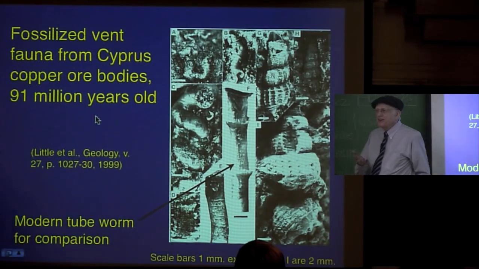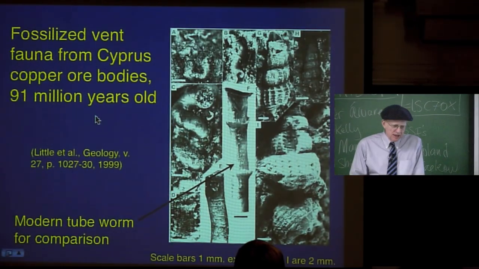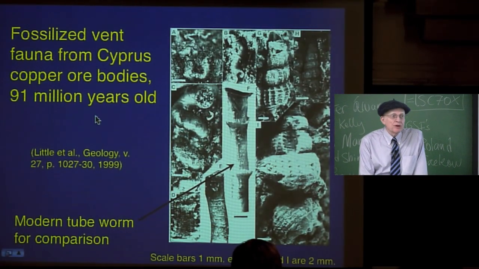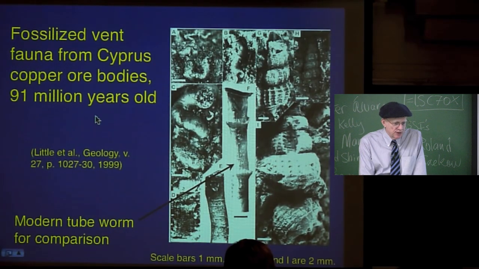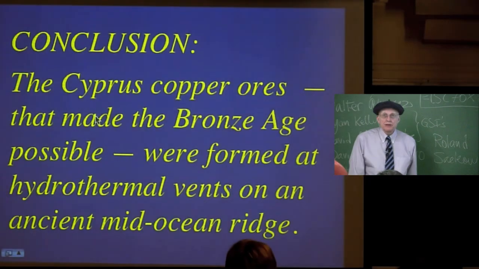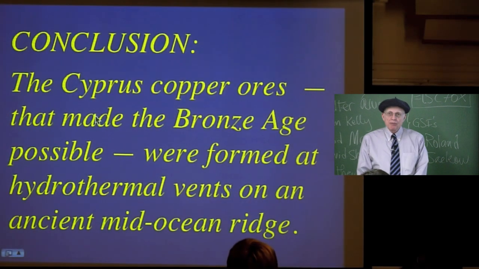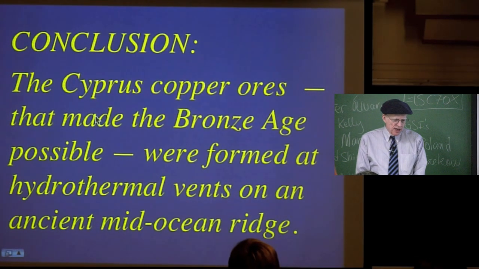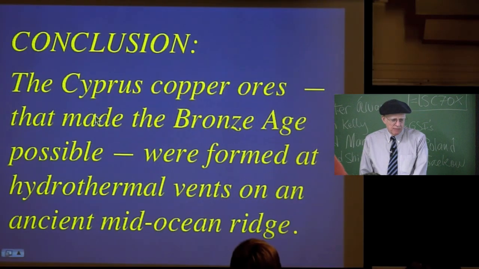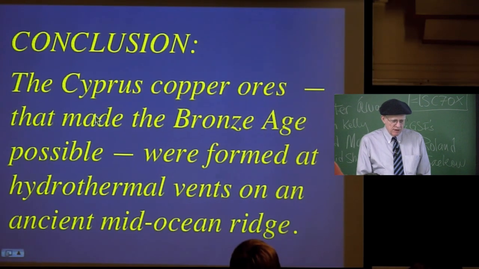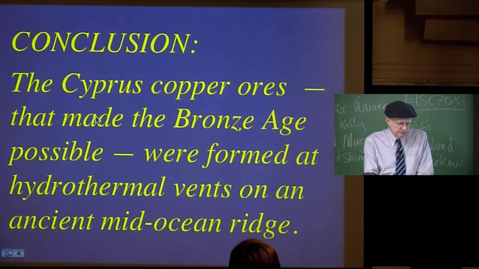So it's quite clear that there were these living vent colonies also on the floor of the ocean there where Skouryotissa is now. So here's our conclusion. The Cyprus copper ores that made the Bronze Age possible were formed at hydrothermal vents on an ancient mid-ocean ridge.